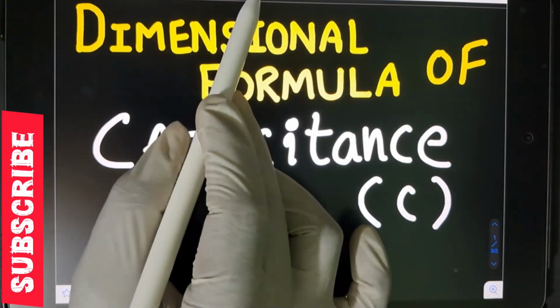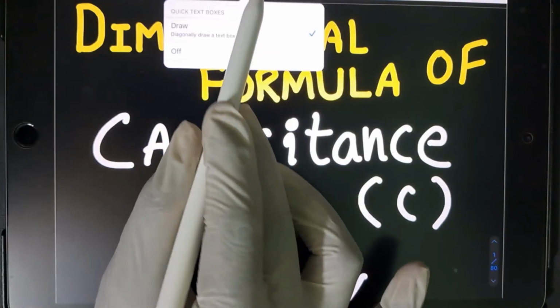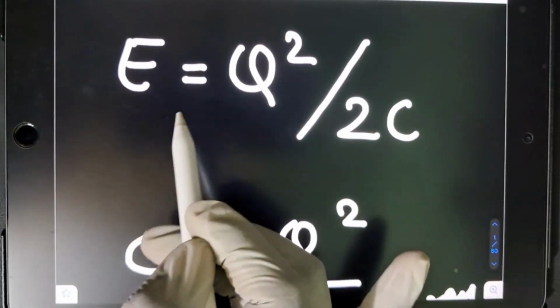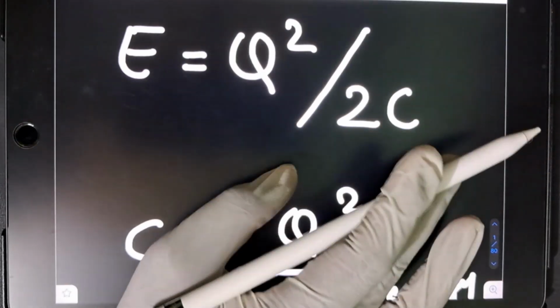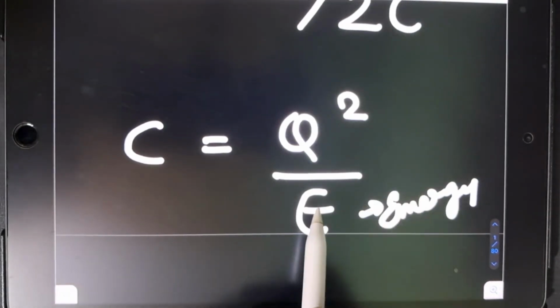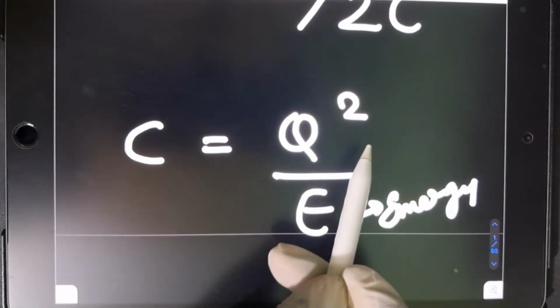To find the dimensional formula of capacitance, denoted by the letter C, we know that E is equal to Q squared by 2C. So C is equal to Q squared by E. Here E represents energy, Q represents charge.